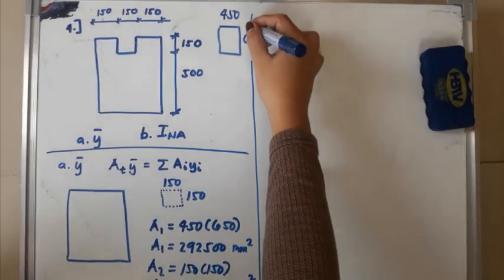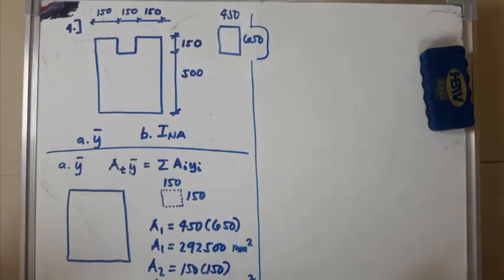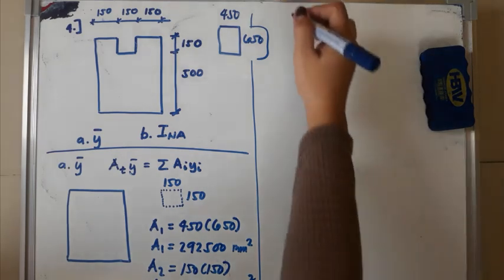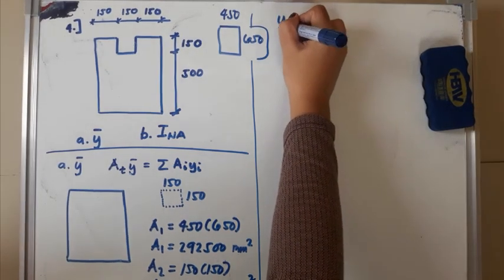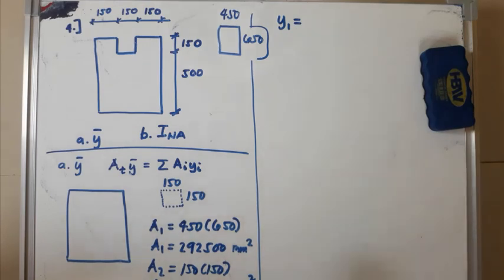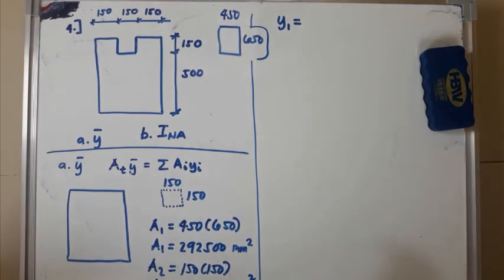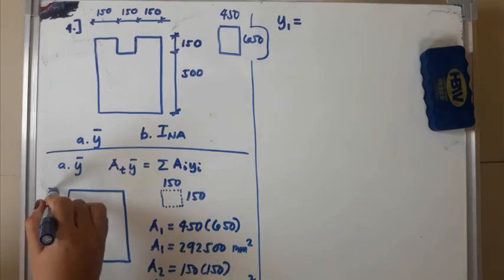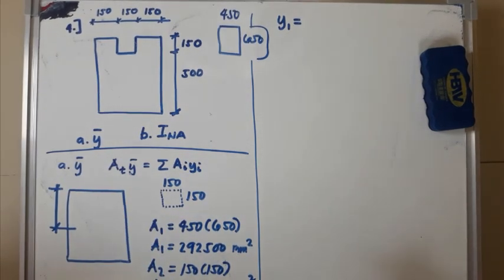Next, let's solve for the y of the two areas. Our y1 is just the half of the total height, because we assume that our area 1 is the whole area. Again, that is not an assumption. Our area 1 is the whole rectangle.